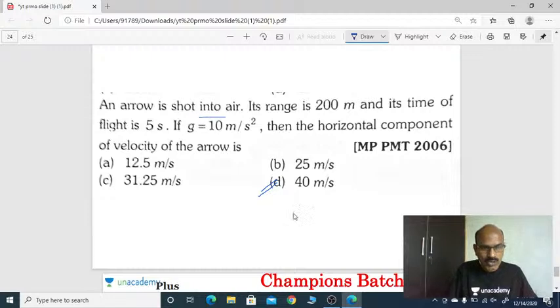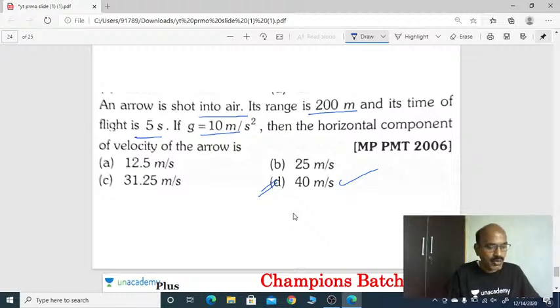An arrow is shot into air, its range is given, its time of flight is 5 seconds is given. So g value is given, then horizontal component of velocity is the question. So use time of flight 2u sin theta by g, and range u square sin 2 theta by g, right? Divide both equations, you will get 40 meter per second.